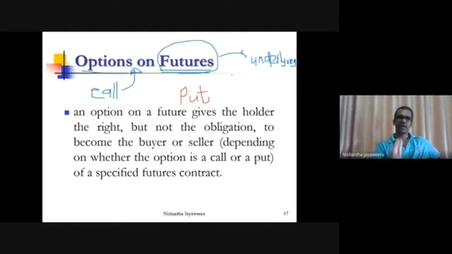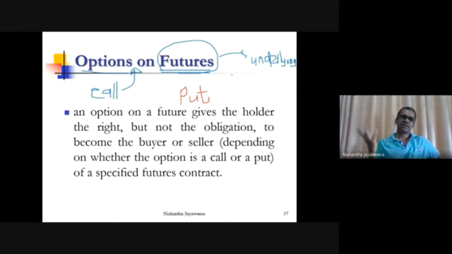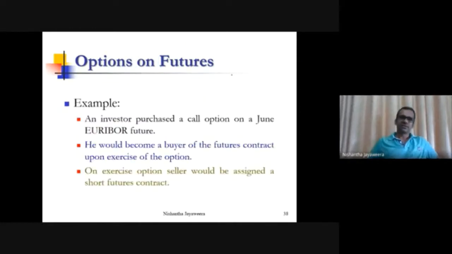You don't sell or buy the underlying asset, that means the real underlying asset. Instead, you buy or sell a futures contract on that underlying asset. So this is an example. An investor purchased a call option.